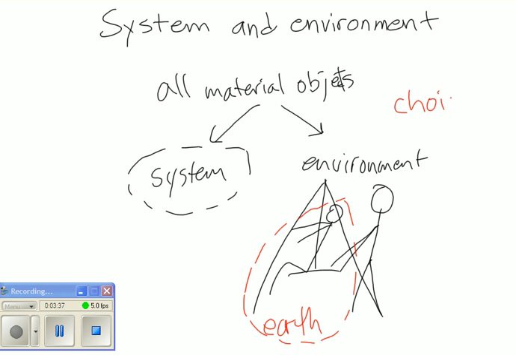But it is a choice, and you have to make it before we can talk about any of the stuff that comes next. Sometimes the choice is made for you, sometimes you've got to make one. In the sketch, we designate what's in the system with the dotted line. We can also label it in words.